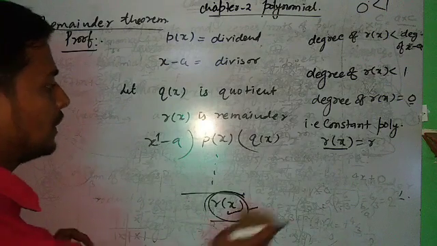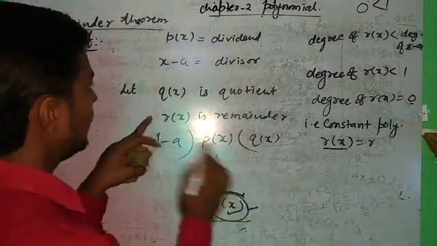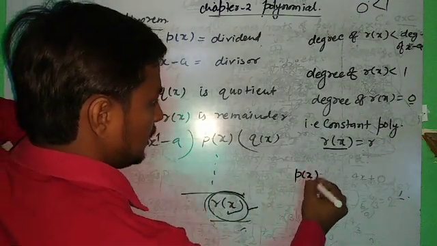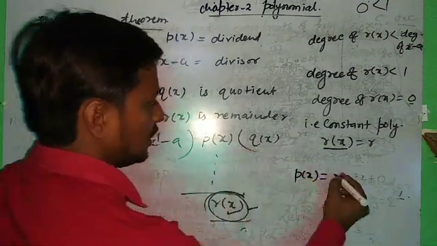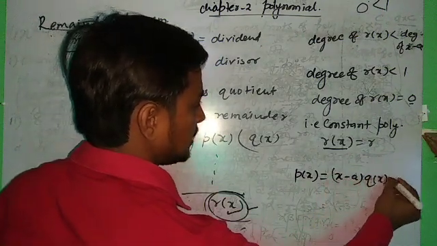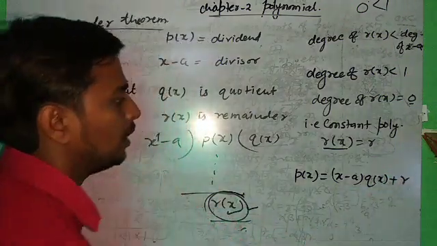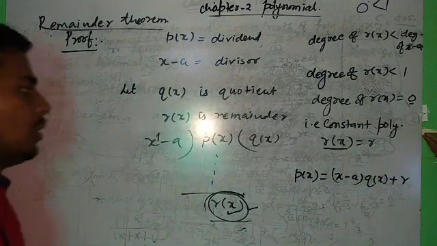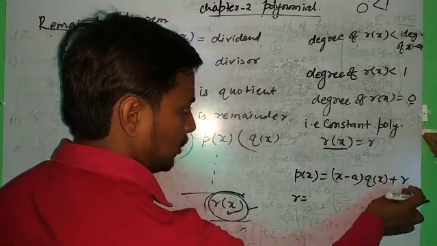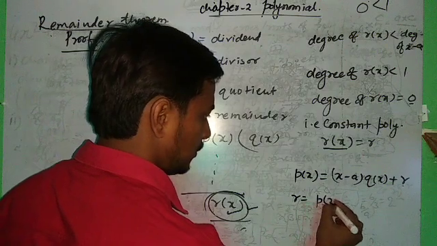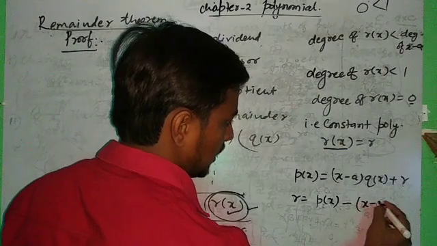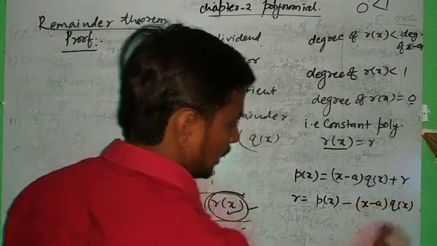So we will write just like that: this p(x), the dividend, is equal to the divisor x minus a into quotient q(x) plus r. Now the remainder will be this r. To find the value of r, we transpose this whole term to this side, so this will become p(x) minus x minus a into q(x).